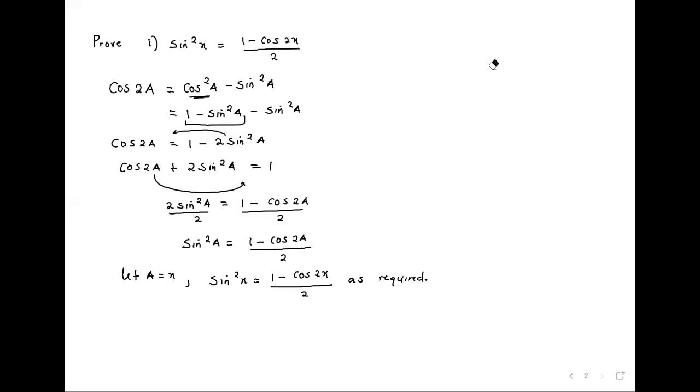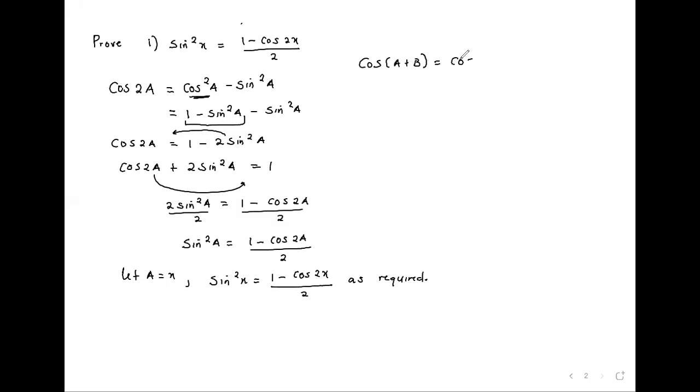Where do identities come from? You have cos(A plus B).